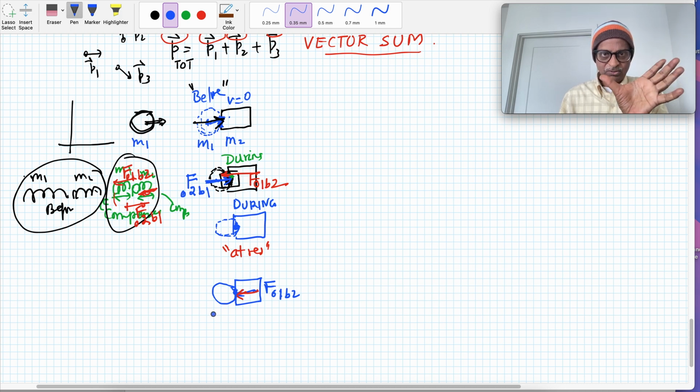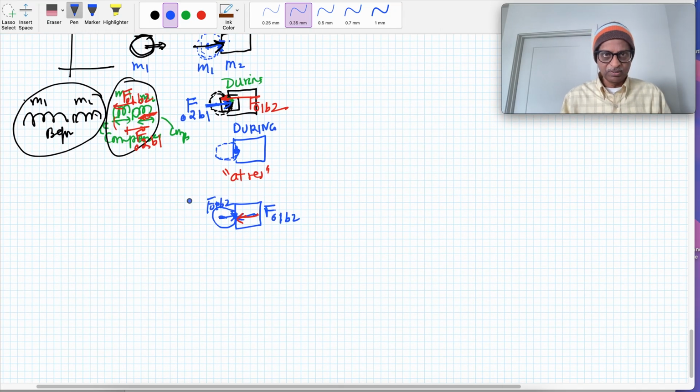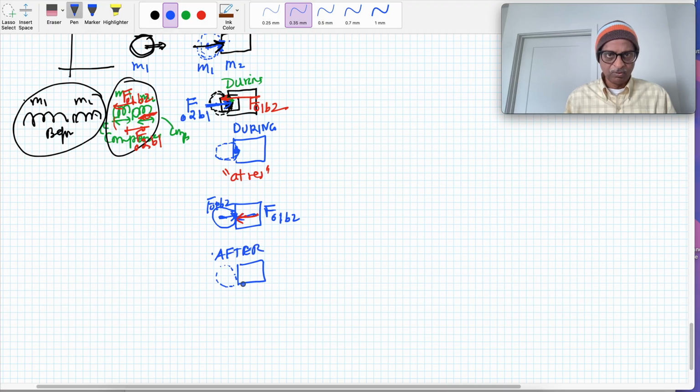It was compressed, it's going to relax, so it's going to push out on 1 by 2. And now this is after the collision, the moment after collision, and they're not touching each other, so no forces.